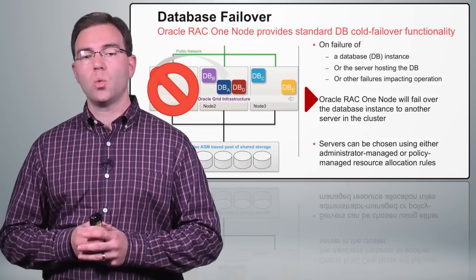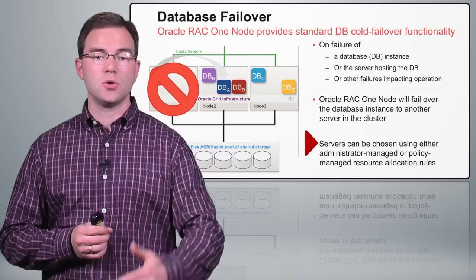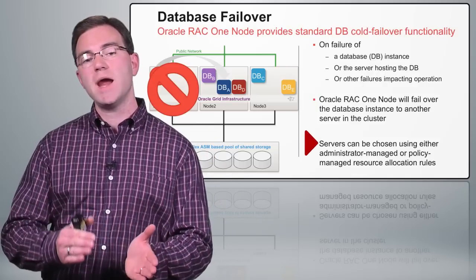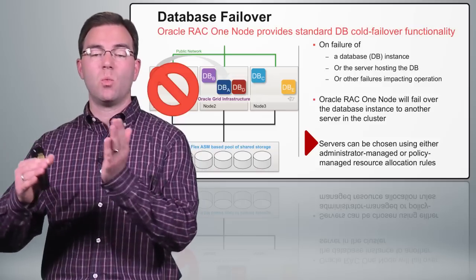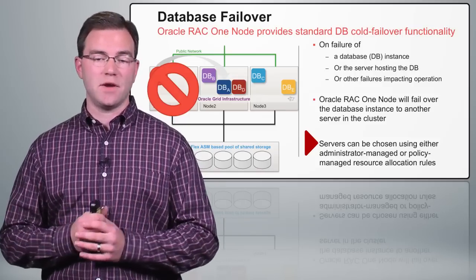You can control which node will be the failover destination in either of two ways. Either you use administrator managed or policy managed definition of where the database should land once a failure occurred, but in the end Oracle RAC One Node provides a standard failover solution in this way.